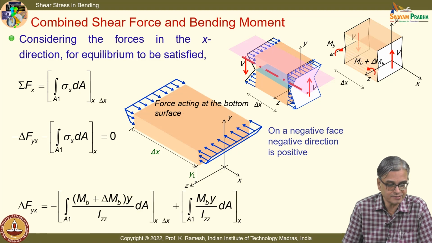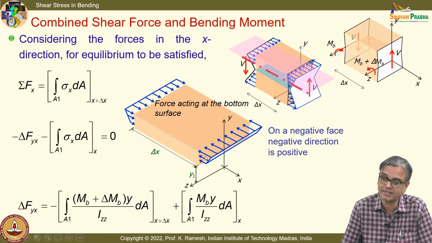So, when I want to find out what is delta Fyx, okay, I have this as integral over A1 of (Mb plus delta Mb) into y, because this is what we have said in the idealization. Just use the bending moment at that cross section.